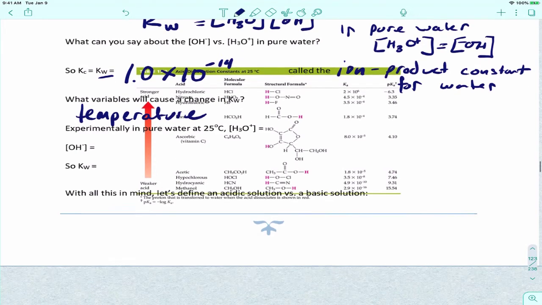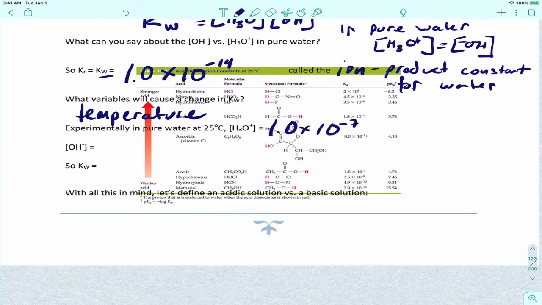Okay. Now, experimentally, in pure water at 25 degrees Celsius, the concentration of H3O plus is going to be 1.0 times 10 to the minus 7th molar. And so the concentration of hydroxide ion should be 1.0 times 10 to the minus 7th molar, because they're going to be equal to each other if this is pure water.